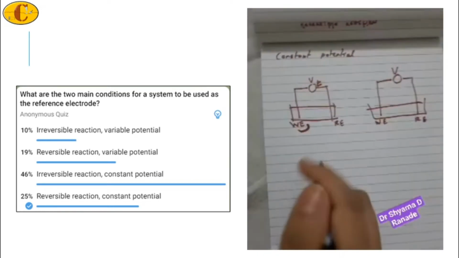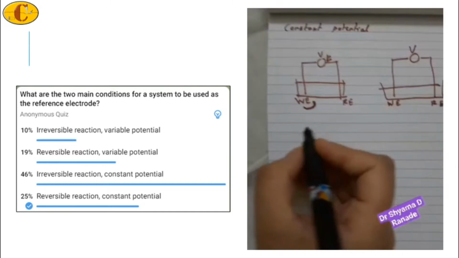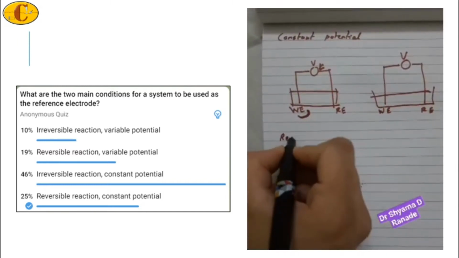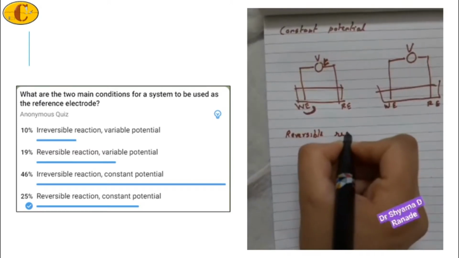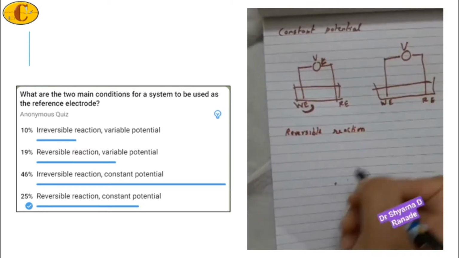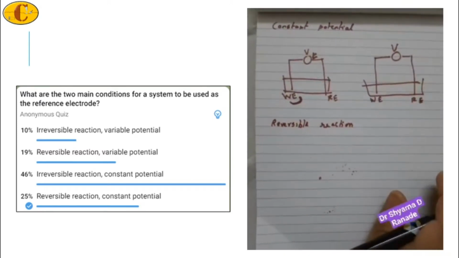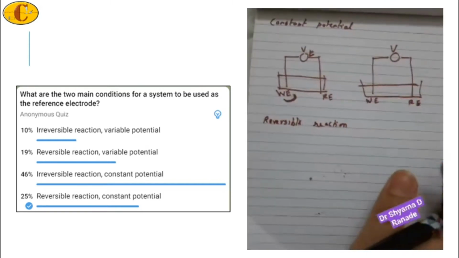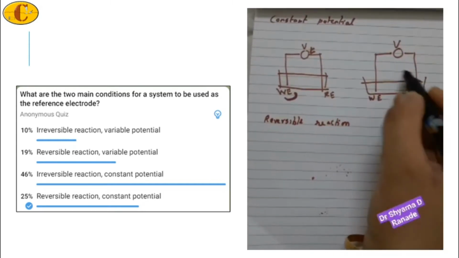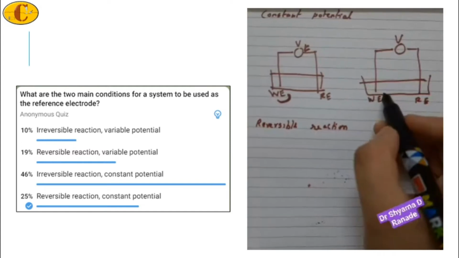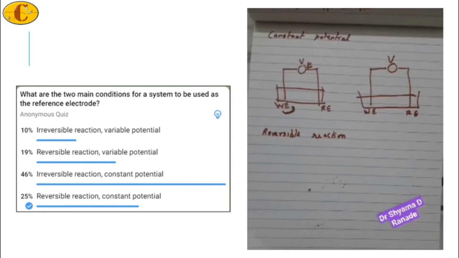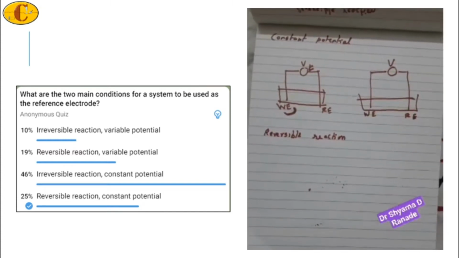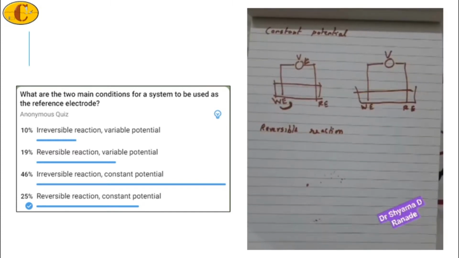Now the second condition, which some of you did get right, is reversible reaction. Now let me go a bit more into detail on what this means. Suppose we take this system. In this system, the potential of any electrode means its ability to accept or reject electrons.